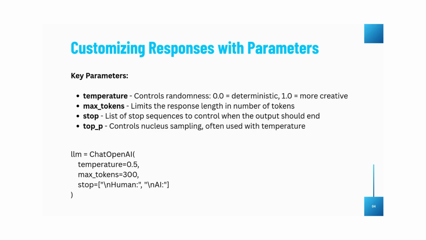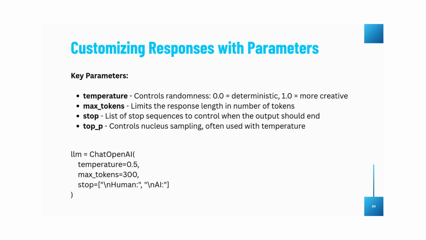Stop sequences are powerful tools that tell the model when to stop generating text. This is helpful when you are formatting output, preventing the model from spilling into unwanted sections. So you can combine all three parameters in one LLM setup.